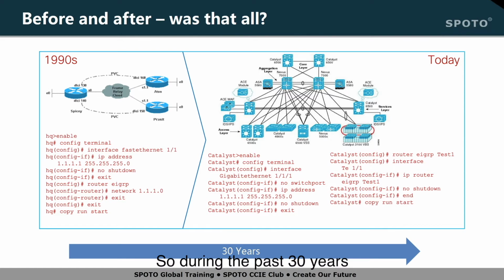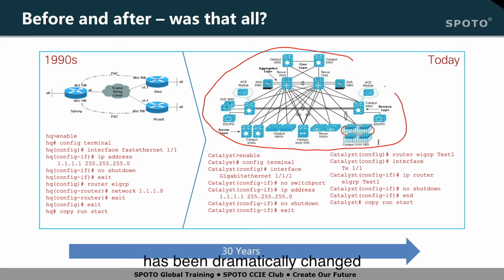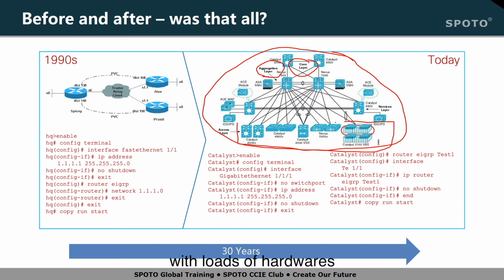During the past 30 years, the network has evolved a lot. In about the 1990s, the network was very simple. It's about several routers interconnected with frame relay. The configuration is very basic. You define the interface with an IP address, enable some routing protocols, and that's it. Nowadays, you can see the network topology has been dramatically changed. You have the core layer, you have aggregation, you have access with loads of hardware.